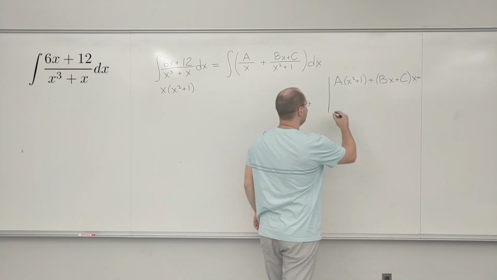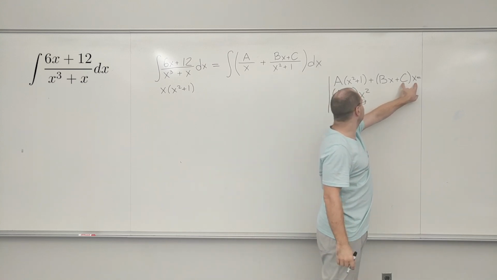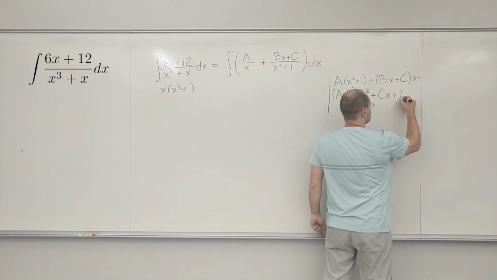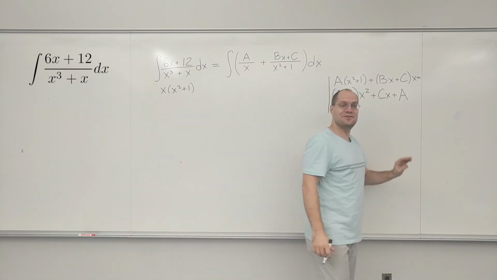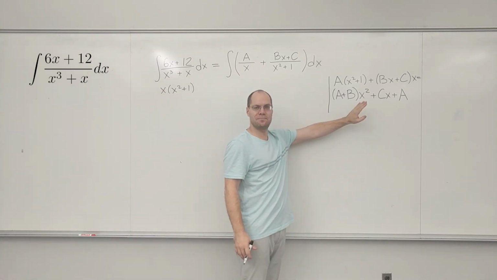So it's a plus b x squared plus cx, that's the only linear term, plus a. And so now I'm confident that I'll be able to pick out everything I need from this one by one.